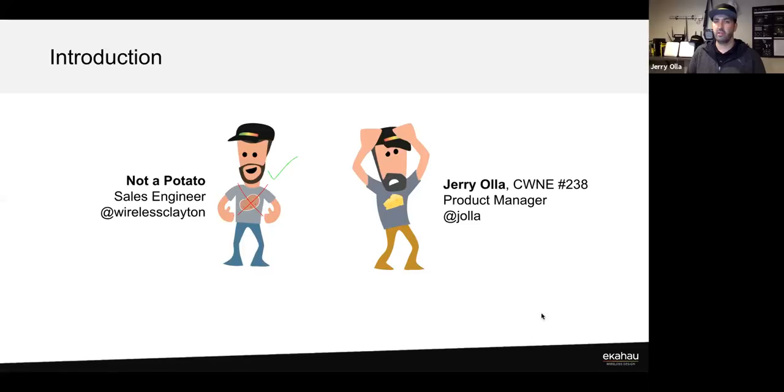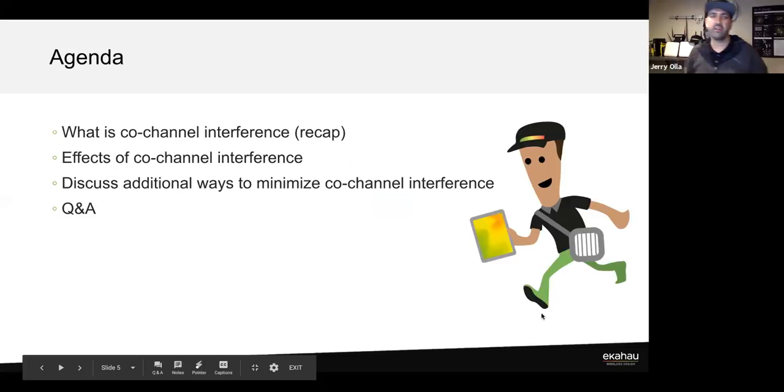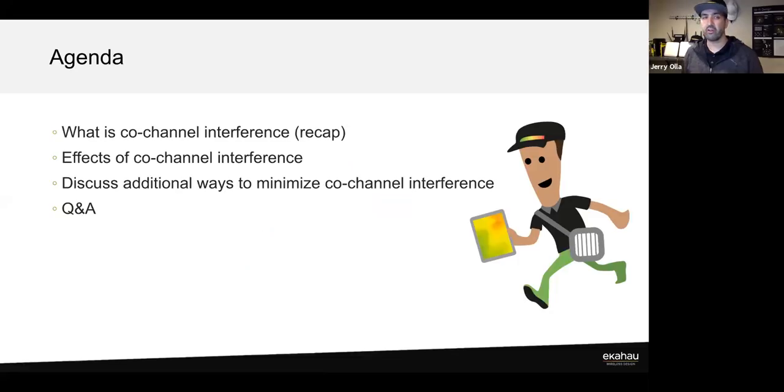Awesome. Thanks, Joel. Thanks, Clayton, for jumping on and helping tackle this continuation of the topic of CoChannel interference. We'll say a loose agenda for the webinar, and we'll see what rabbit trails we go down. But first, recapping what CoChannel interference is. We picked this topic up a few weeks back, but we wanted to continue since we didn't cover everything that we wanted to.